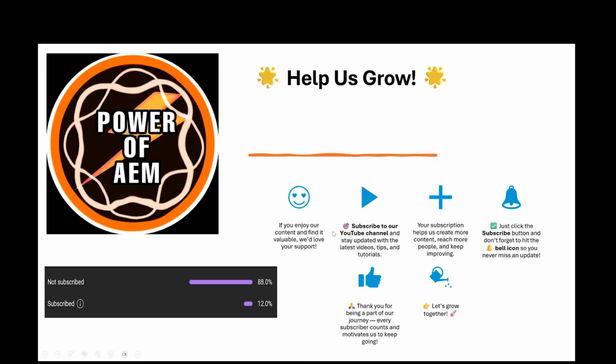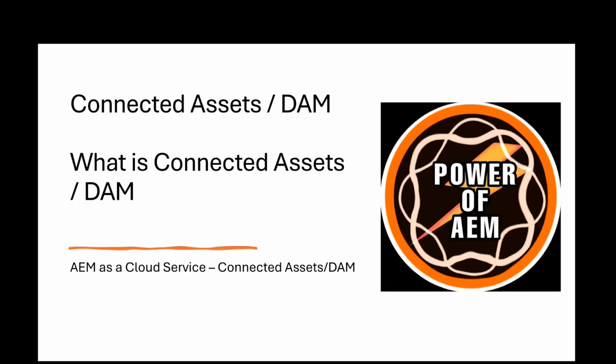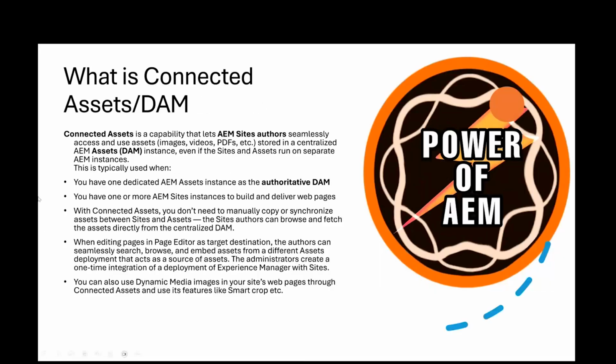Let's move to our agenda. So let's talk about what connected assets are. And keep in mind, we are just considering AEM as a Cloud Service. When we are talking about connected assets, it means we are going to provide a centralized system to all of the asset authors, however our site authors can utilize those assets.